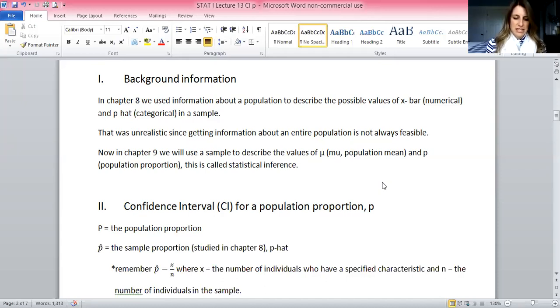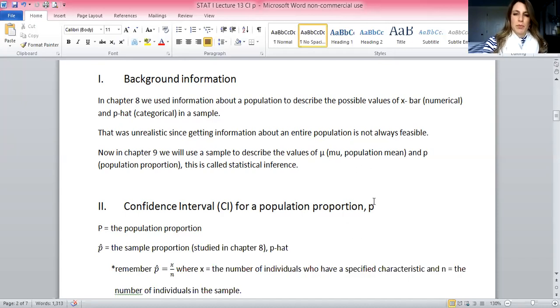With inferential statistics, we have 2 different ways of attempting this, and chapter 9, which is confidence intervals, or CIs, is the first way. Today we're going to look at CIs for a population proportion. Remember, we introduced this before break in chapter 8.